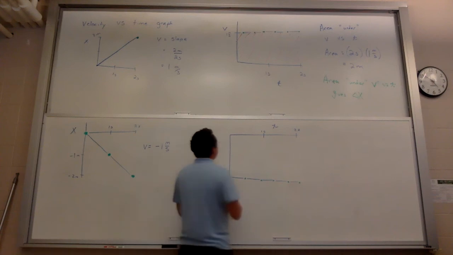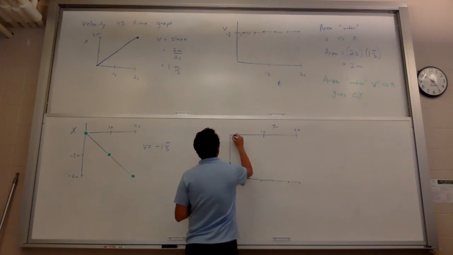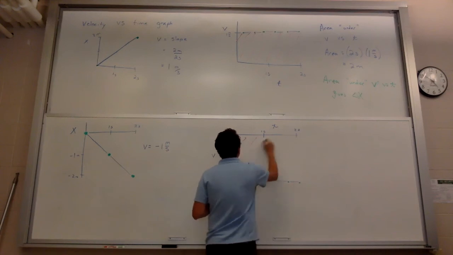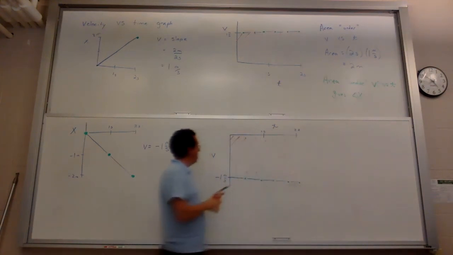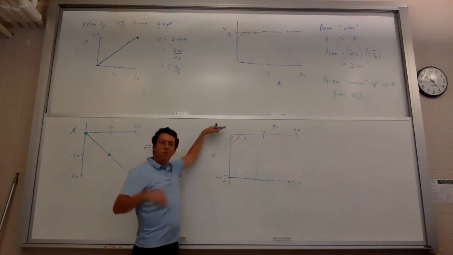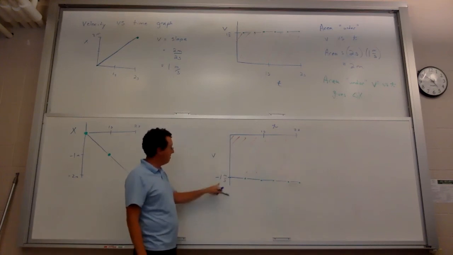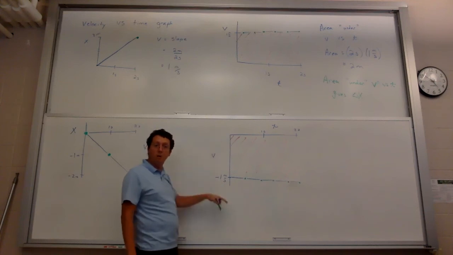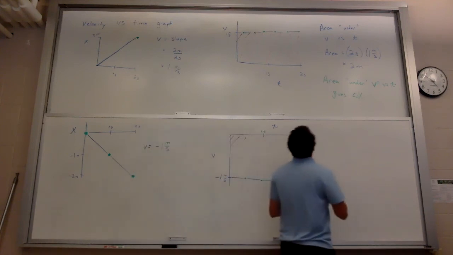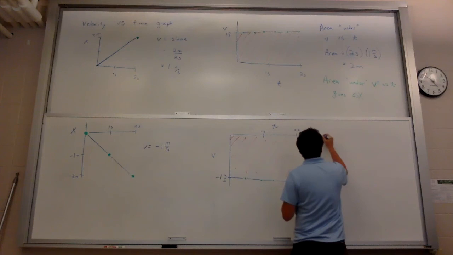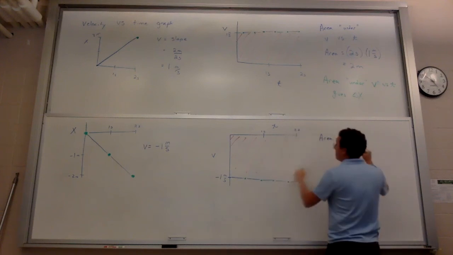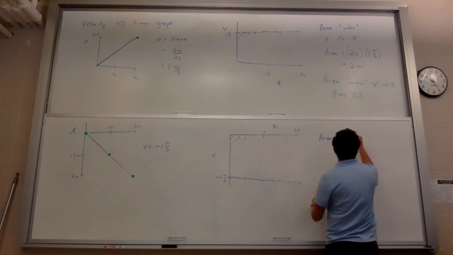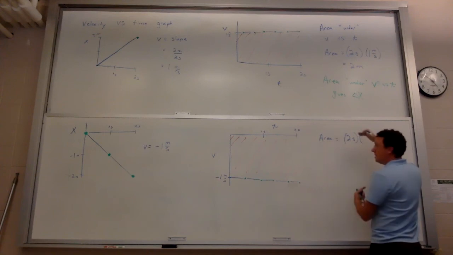So if I evaluate the area under this curve, I'm going to say that the height, quote unquote, of this rectangle is negative because it was a negative velocity. It was below the time axis. And I'm going to say the area is base times height. Well, the base is 2 seconds times the height.